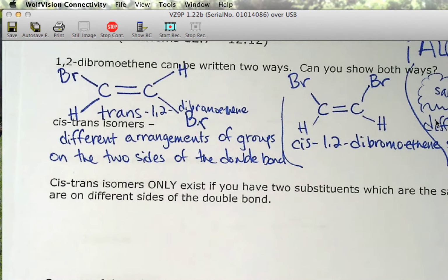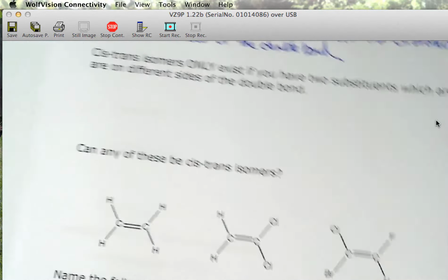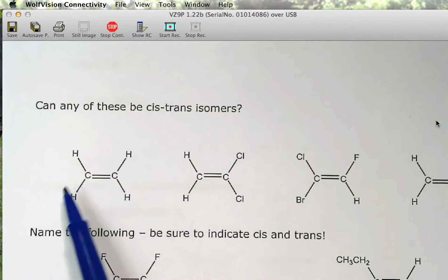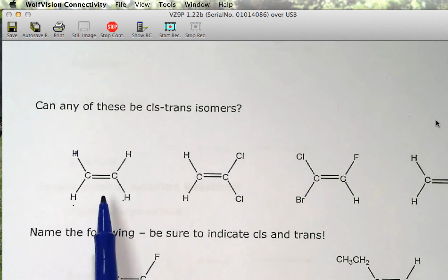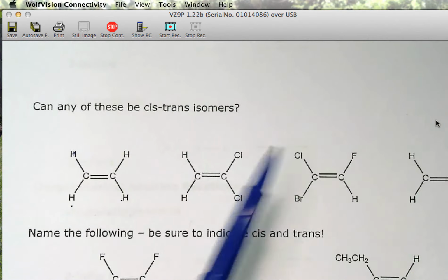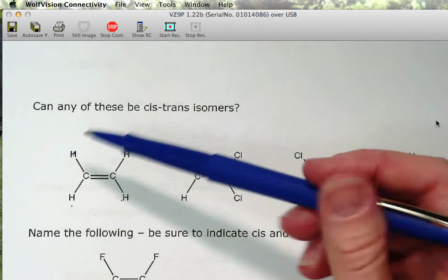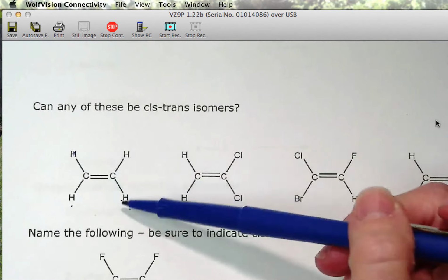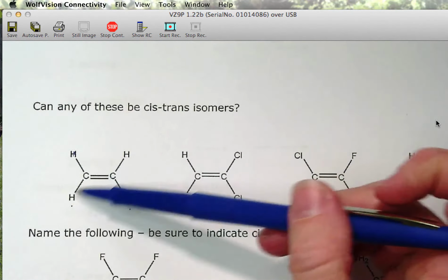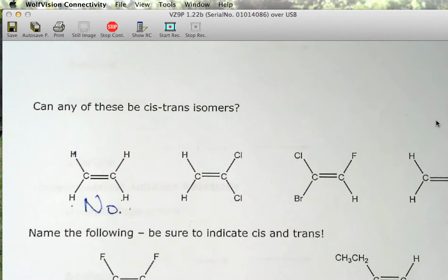These structures down here that I have, can any of these be cis-trans isomers? If you look at this example, this is just ethene. There are no substituents, and there's no way to tell if this hydrogen is different than that hydrogen. So you cannot have cis-trans isomers with that one.